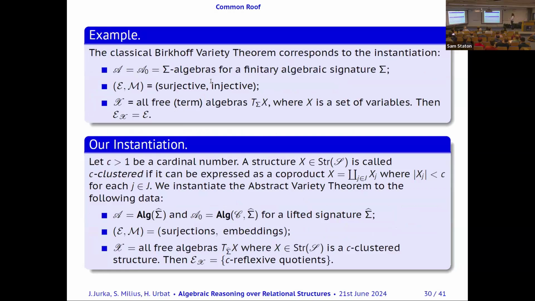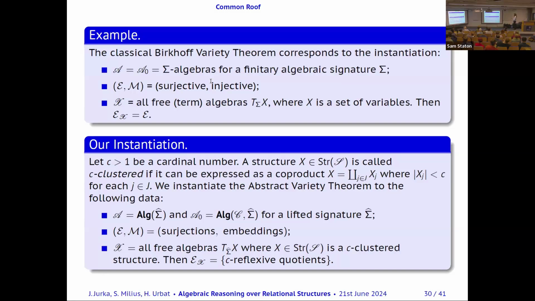So in the classical Birkhoff theorem, A and A0 are the same. EM are the injective maps, and X are all the free-term algebras. And EX is simply all the surjective maps.